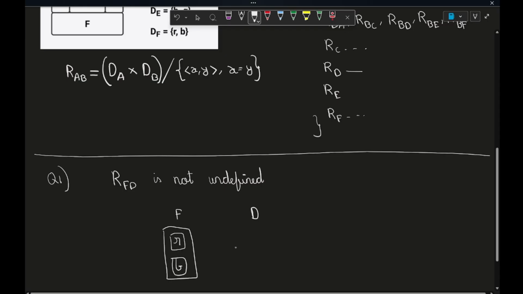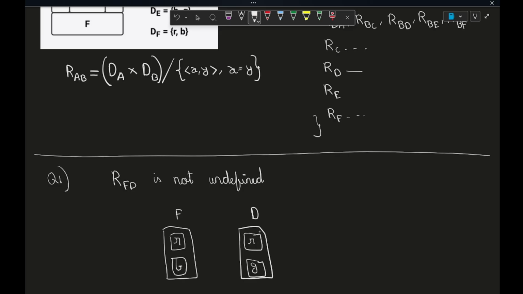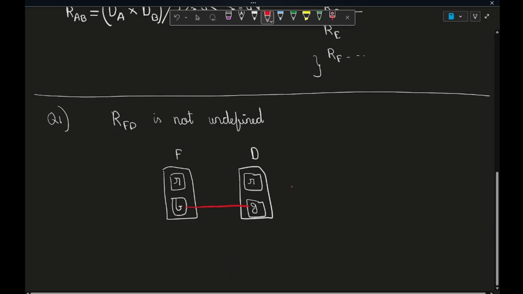And D has R and G. So I believe this relation is possible, right? BR also, and RG is also possible, right? So these relations are possible, and because of this it can't be undefined because we have a way of denoting our FD. Does that make sense? Yes.